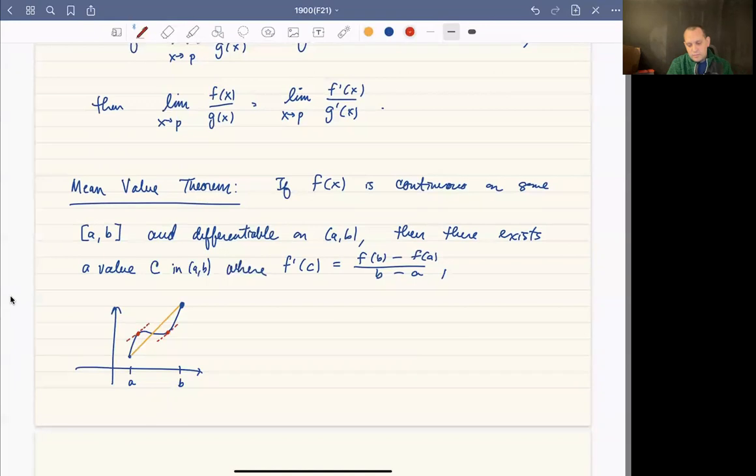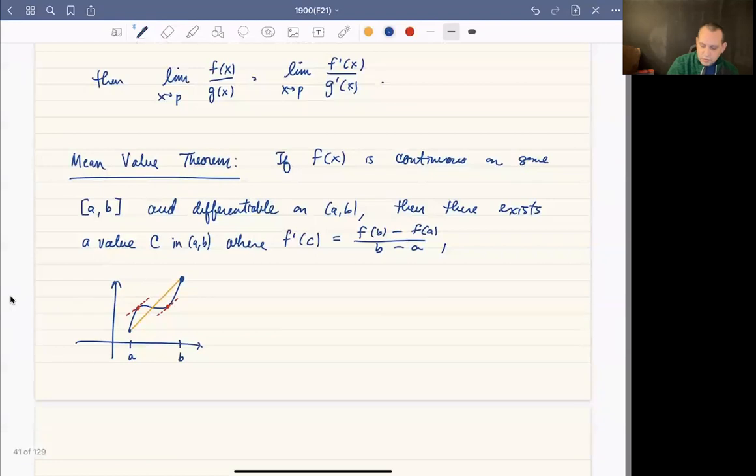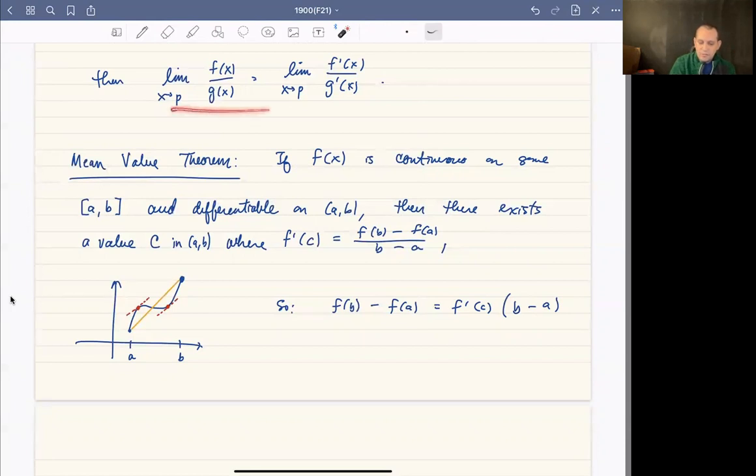And the mean value theorem is useful here because it turns out what you can do. I'm just going to give you a preview of what this looks like. You can write f of b minus f of a as f prime of c times b minus a. And so basically, if you apply the mean value theorem cleverly, you can rewrite this function f and g as, let's say we add this f of a to both sides.